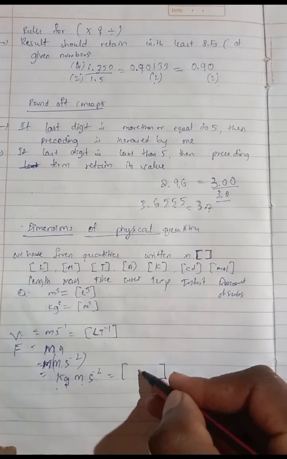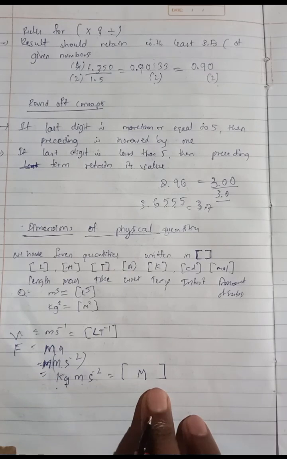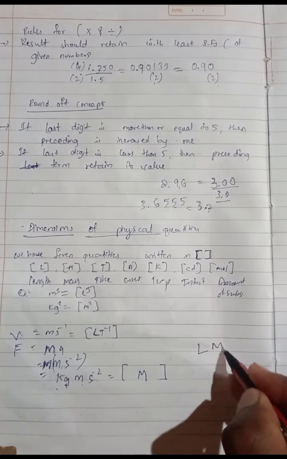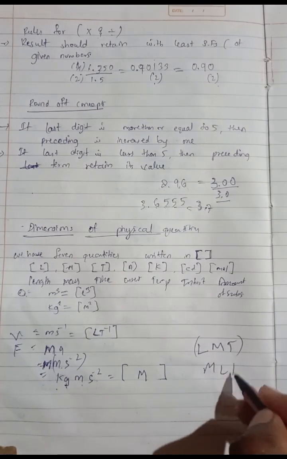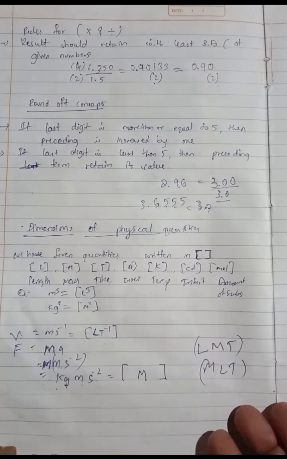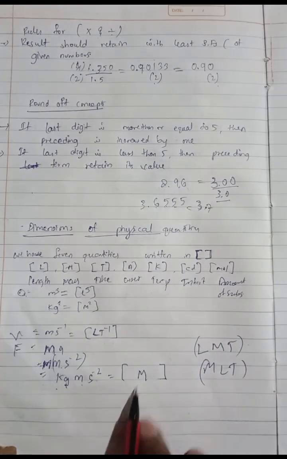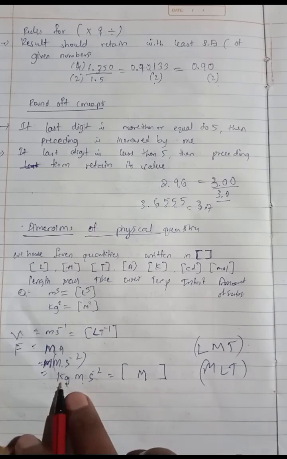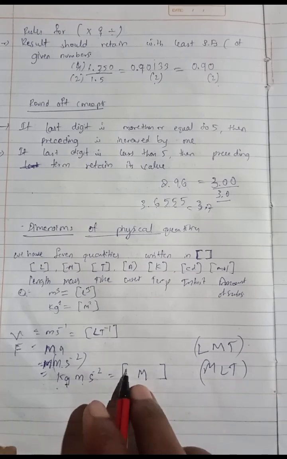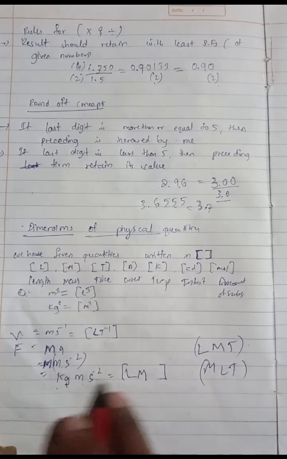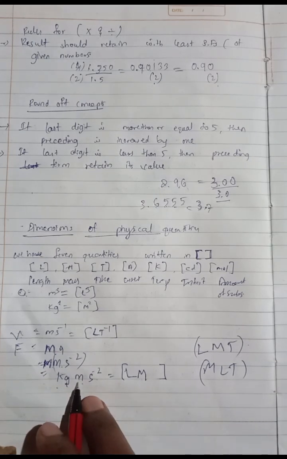Always, for standard purposes, write in the format of LMT. Don't write MLT. If you write it, also no problem, but just keep it in LMT format. So kg is mass, that is M to the power 1, and meter is L, distance. Don't confuse this M for mass with the meter, which is a distance measurement.